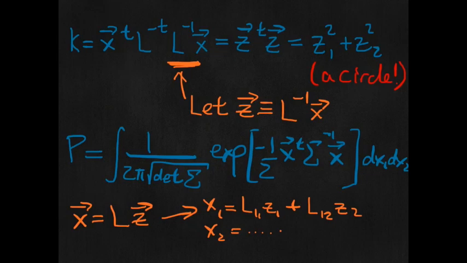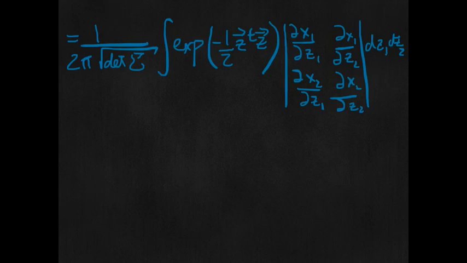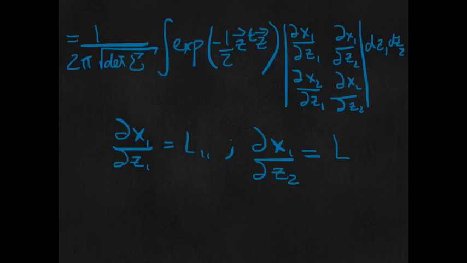And notice from this that, say, the derivative of x1 with respect to z1 is just L11. And so going back here, I have dx1/dz1 is equal to L11, dx1/dz2 is equal to L12. This determinant that you see that is needed right here is actually just the determinant of L.